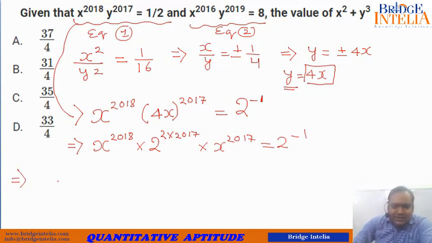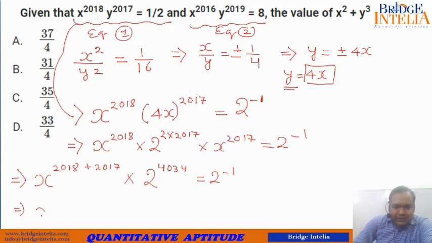So let us see. It is given to us that x to the power 2018 plus 2017, into 2 to the power, now what is 2017 into 2? This is 4034. So from here you can see x to the power 4035 is equal to 2 to the power minus 1 divided by 2 to the power 4034.